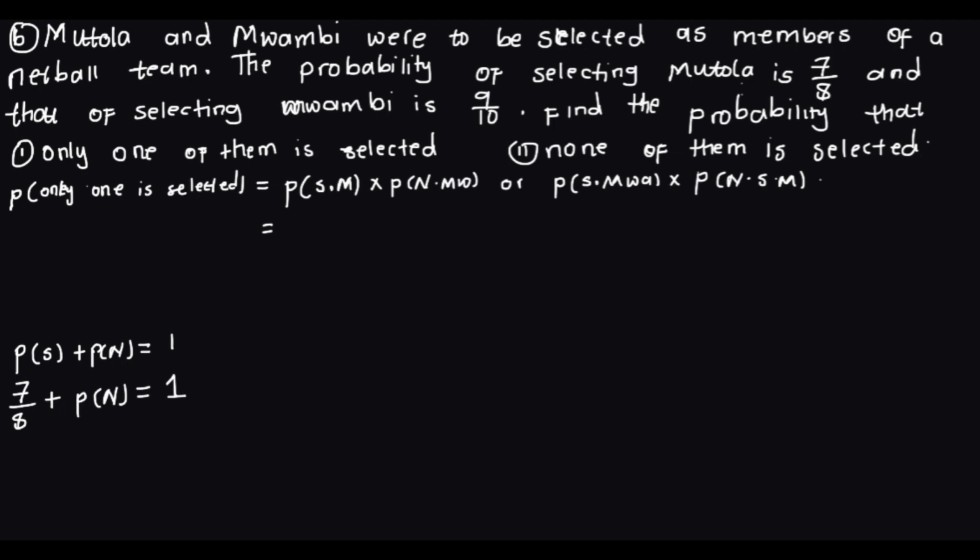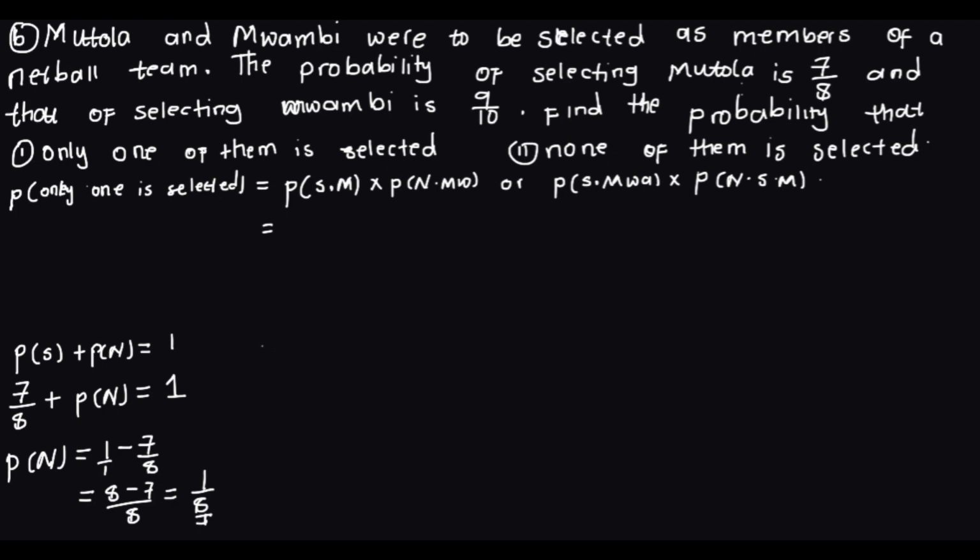So we collect the like terms. So 7 over 8 shifts to the other side, giving us the probability of not selecting is equal to 1 minus 7 over 8. So over 1, the lowest common denominator is 8. 1 into 8 is 8 times 1 is 8, minus 8 into 8 is 1 times 7. So the probability of not selecting Mutola is 1 over 8.